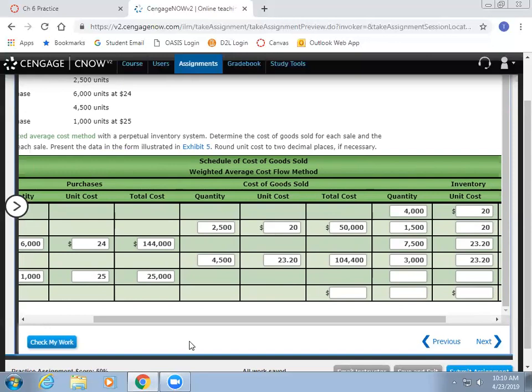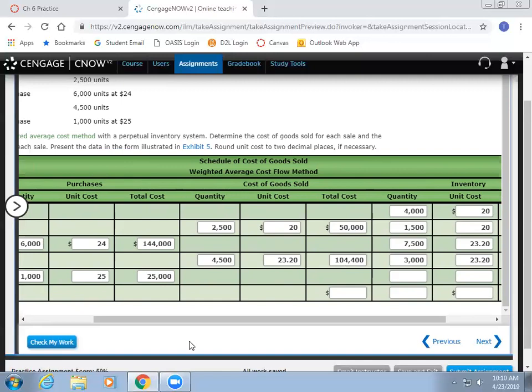Then again, we take total cost divided by total units, so $94,600 divided by 4,000. We'll round to 2 decimals if necessary. What's my new average price per unit? $23.65. Perfect.